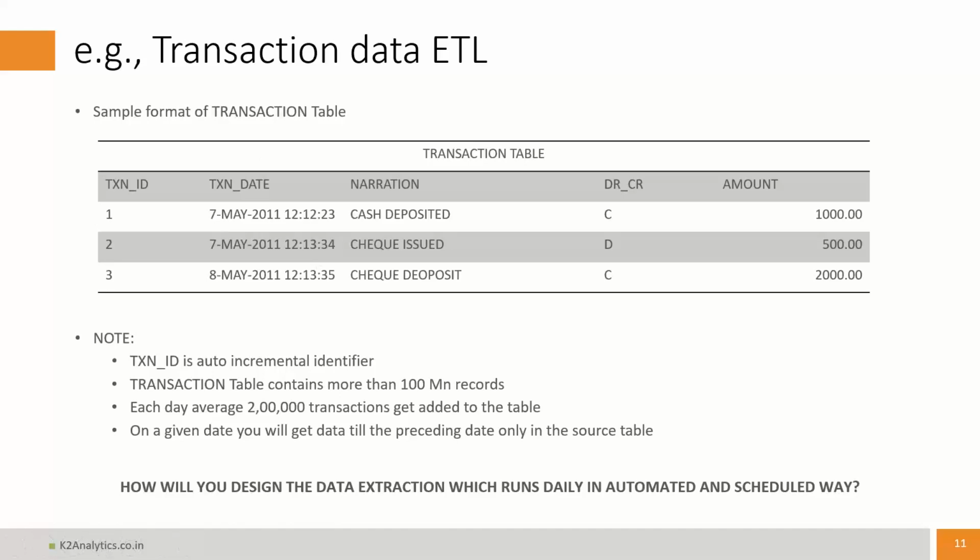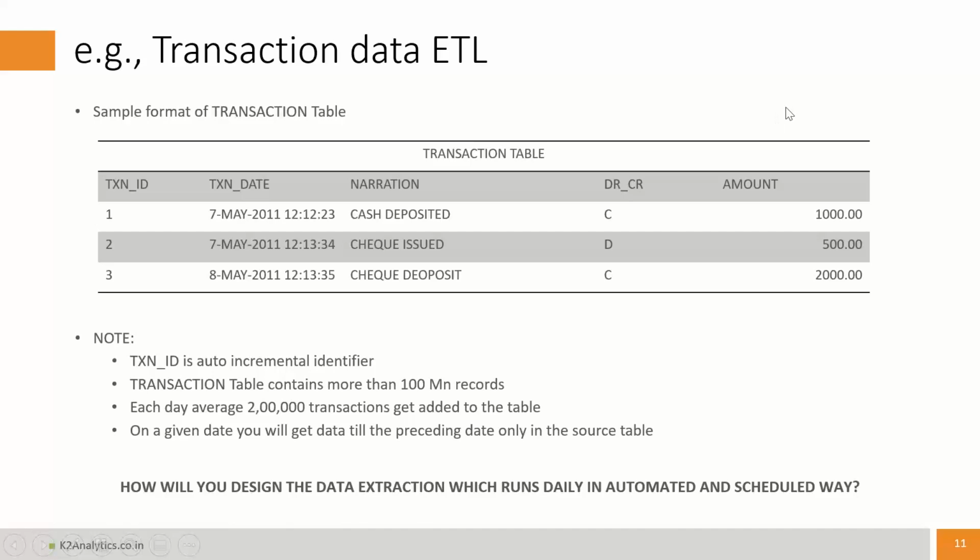If you're watching this video, I want you to note down your thought process on a piece of paper. I want you to make a flow chart. How would you do the extraction part for the transaction table which is shown in front of you, where the ETL has to be done on a daily basis?